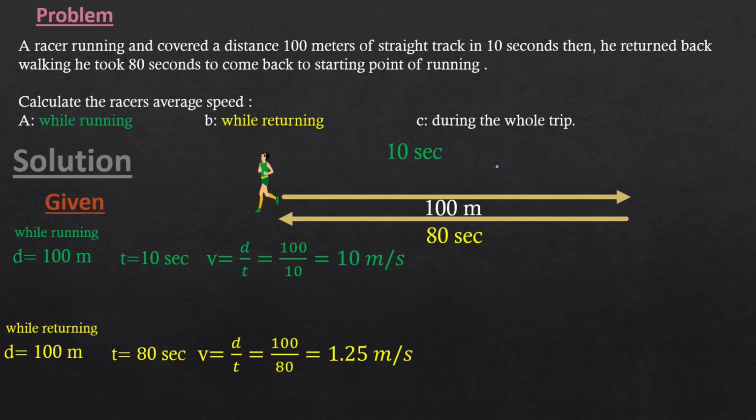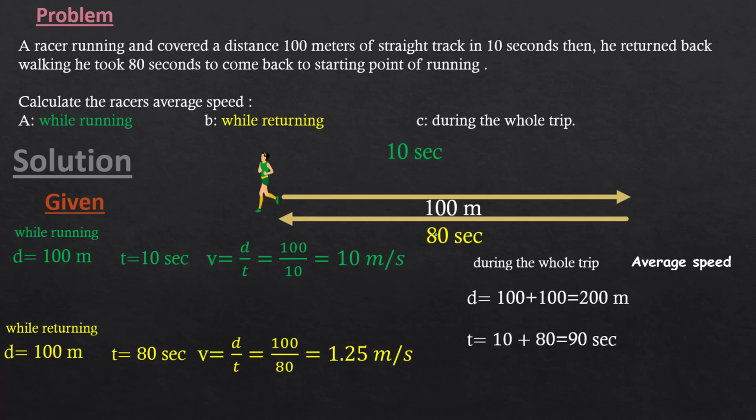Finally, during the whole trip, we have to calculate the total distance while running and returning. It will be 200 meters because while running it was 100 and while returning it was 100 also. So 100 plus 100 is 200 meters, and the total time is 80 plus 10 seconds, it will be 90 seconds.